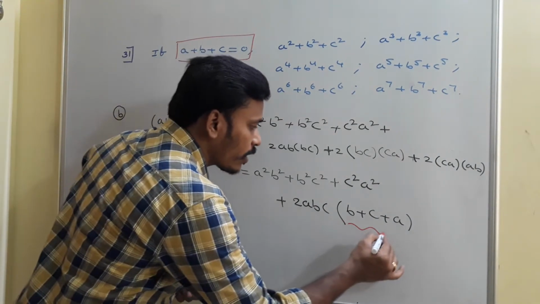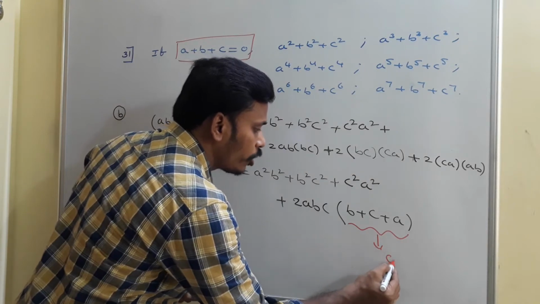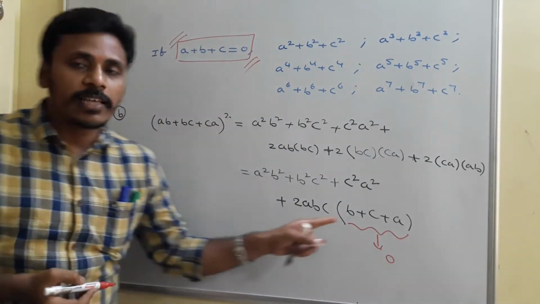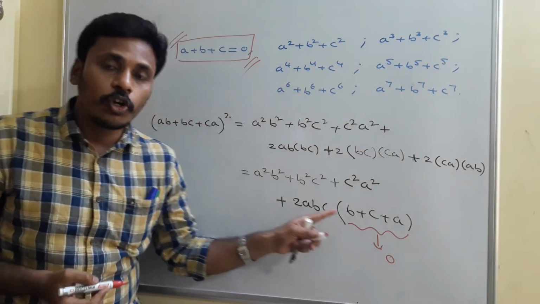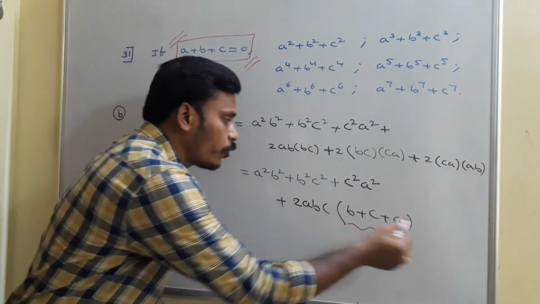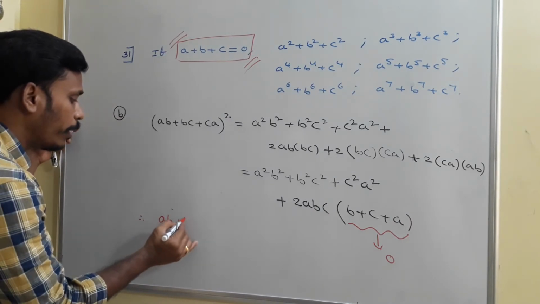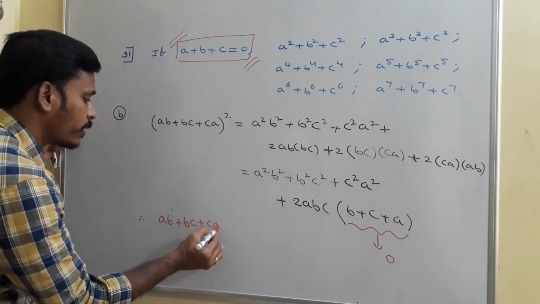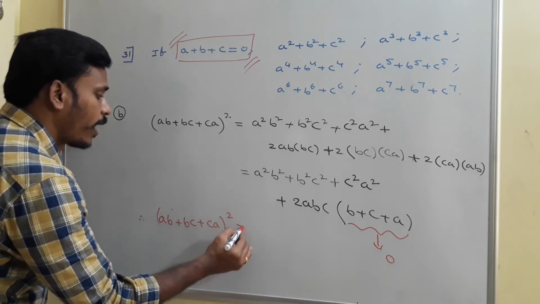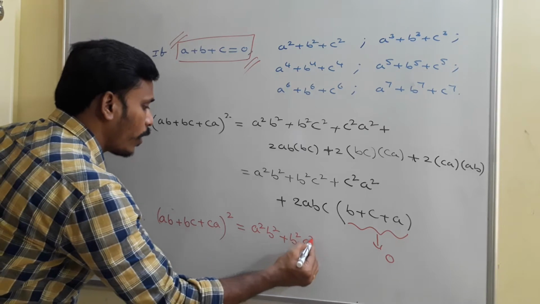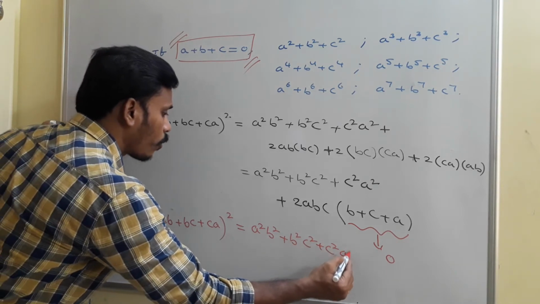But what is this a+b+c? This is 0 as given. Our discussion starts at this point. Since a+b+c is 0, 0 into anything is 0, and you need to neglect this term. At the end you are left with (ab+bc+ca)² equals a²b²+b²c²+c²a².